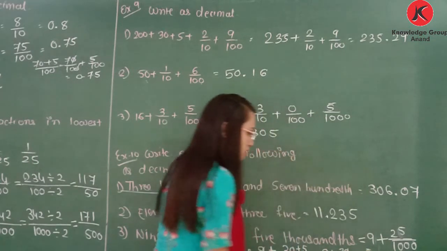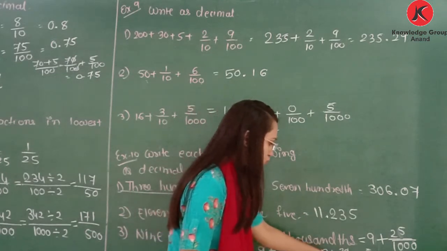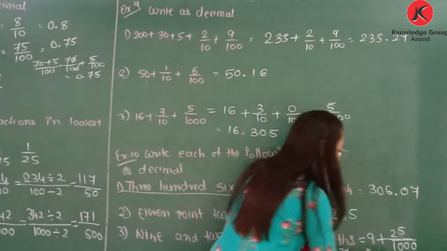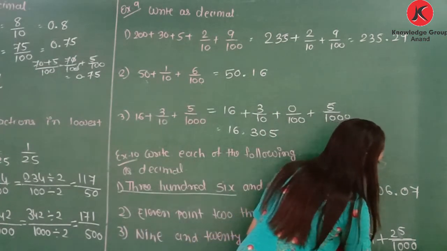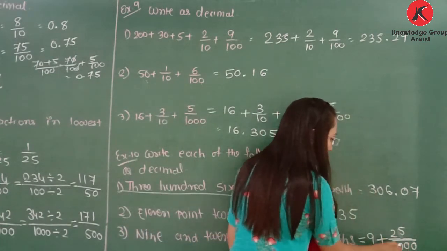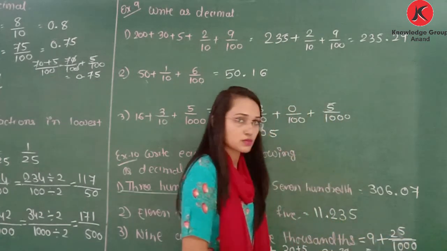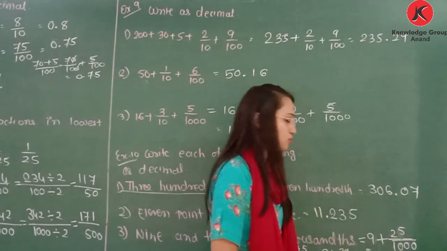So here we can cancel this 0. Now here it is 9 plus 2 by 100, 5 by 1000. The 10th part is not given, so the 10th part is 0. So it is 9.025. Or you can directly write from the 1000, that is 3 zeros, so 3 digits after the decimal point. So it is 9.025.